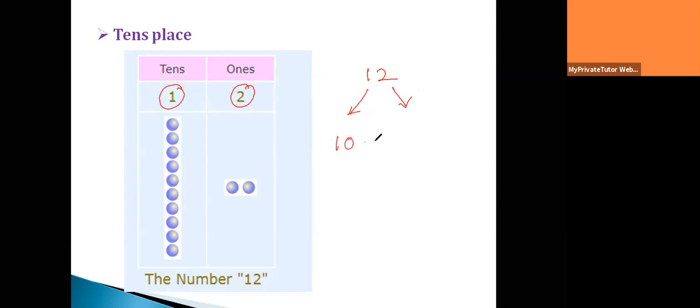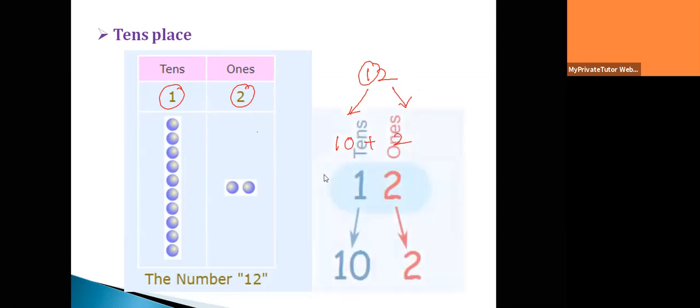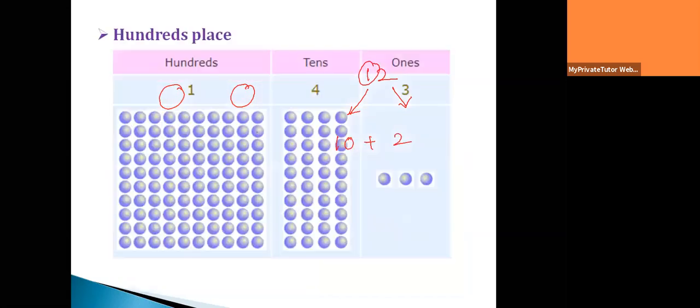So this is 10 plus 2. So the place value of 1 is 10. The place value of 2 is just 2. So these are the place values, the 10 and 2. Similarly, hundreds place.